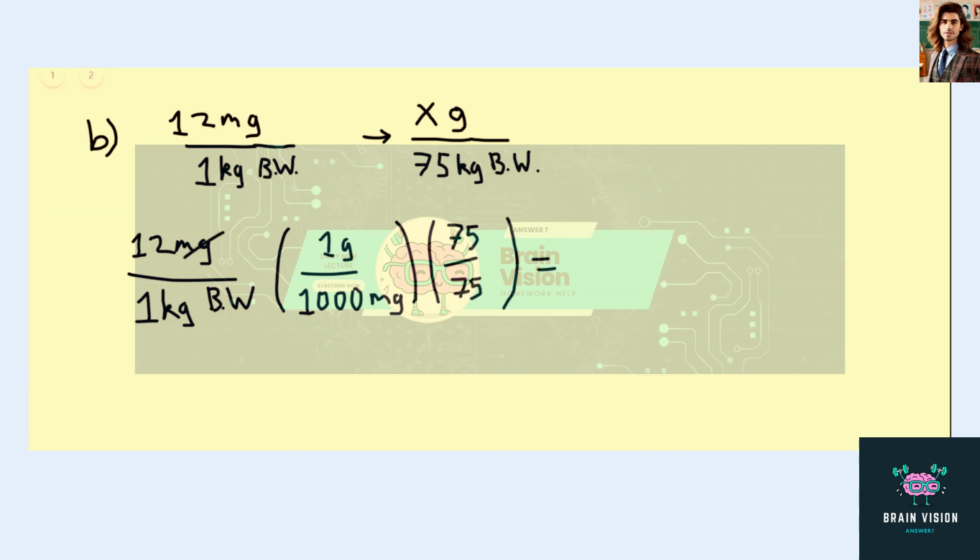So these units cancel out, and we're left with 12 times 75 grams over 1,000, and this is 75 kilograms body weight.